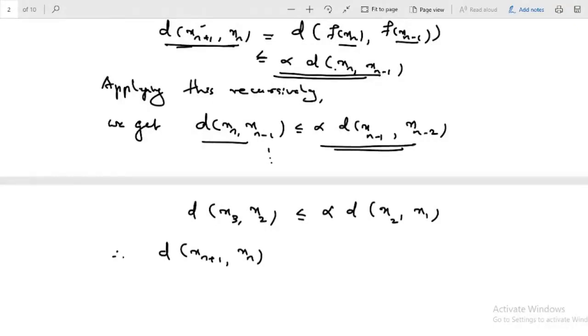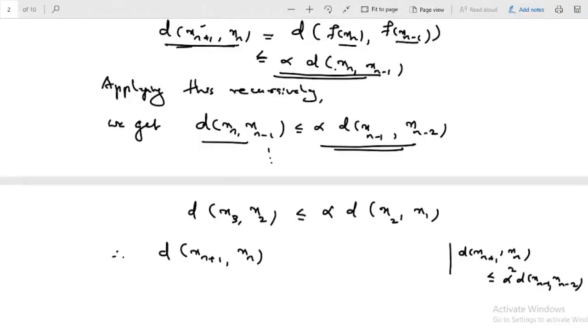Therefore it is alpha square into d of xn minus 1, xn minus 2. Then d of xn minus 1, xn minus 2 comes down, less than or equal to alpha cube into d of xn minus 2, xn minus 3.